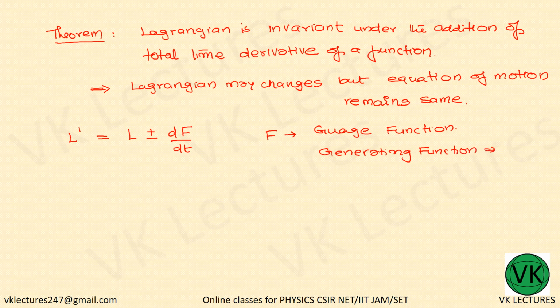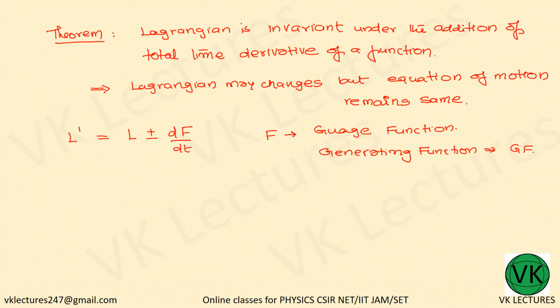We will represent it by GF. When you add the total time derivative of this generating function, the Lagrangian would change, but even if it changes, the Lagrangian equation of motion does not change.